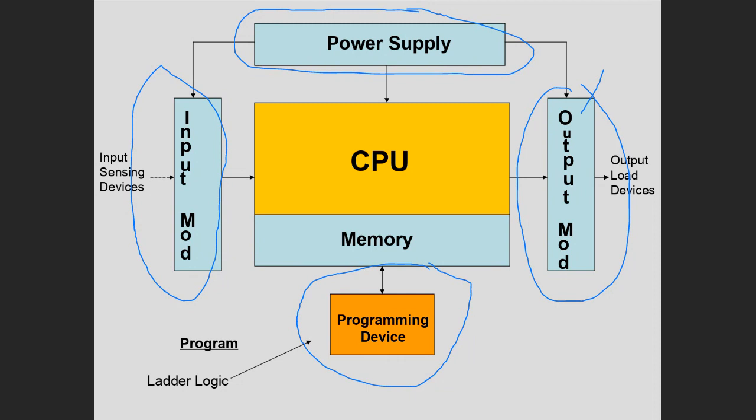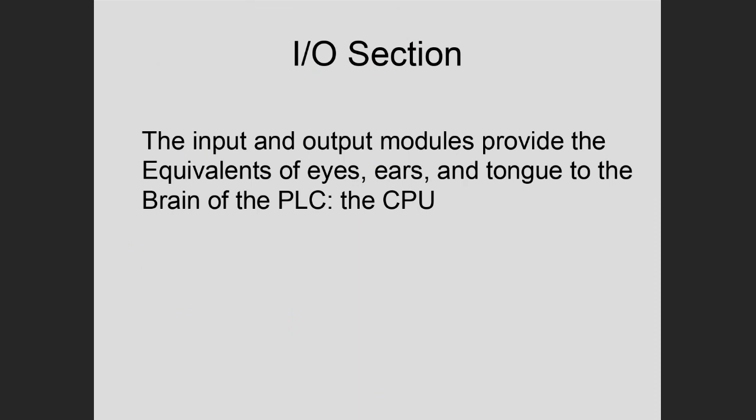So this PowerPoint talks about the I/O section, input-output section, and basically the way to think about this is for any sense you have on your body, the sense of sight, touch, smell, whatever sense you have, we have electronic or electrical sensors that can perform that same kind of function. So we have sensors that can sense temperature, the presence or absence of something.